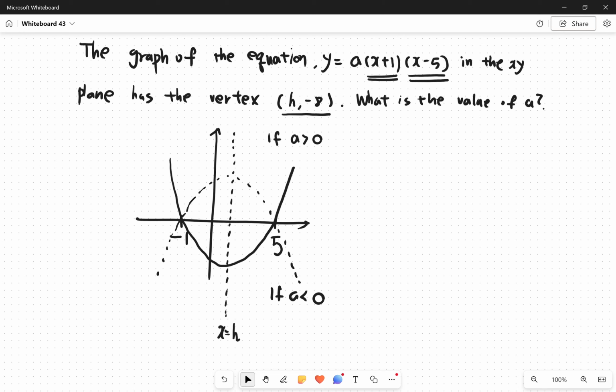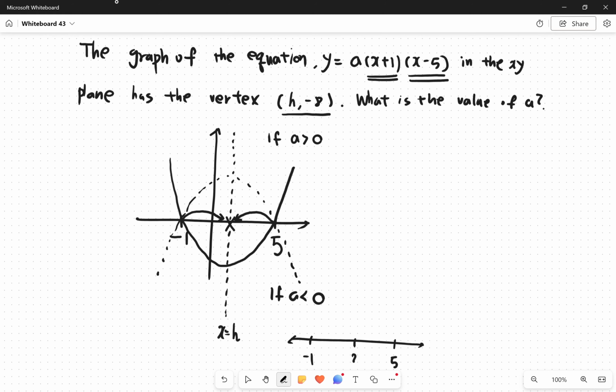As its name says, the line of symmetry: if you fold the graph of the quadratic function, the two sides will be identical to each other, which means this value h should be the midpoint of negative 1 and 5. The distances from negative 1 to h and from 5 to h must be equal. If you imagine the number line, we have negative 1 and 5.